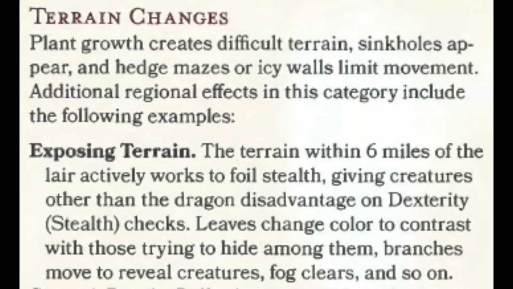The terrain within 6 miles of the lair actively works to foil stealth, giving creatures other than the dragon disadvantage on Dexterity (Stealth) checks. Leaves change color to contrast with those trying to hide among them. Branches move to reveal creatures, fog clears, and so on. So again, it's kind of a pseudo-symbiotic relationship between Narrador, the Archfey, and his Domain of Delight, which is why when he dies, essentially the Domain of Delight dies with him.